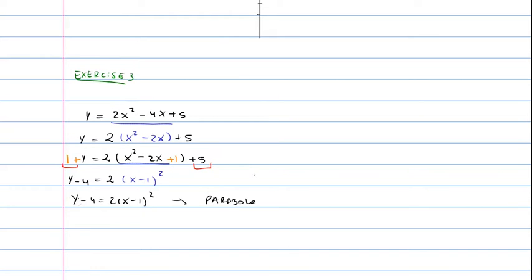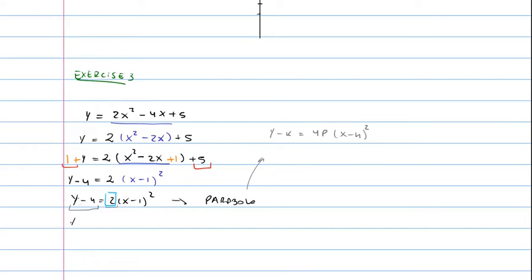And the general equation for the parabola, when it was a vertical one, is y minus k equal to 4p times x minus h squared. We have the y minus k here, but here we have a number 2. We need to write as 4 times p.